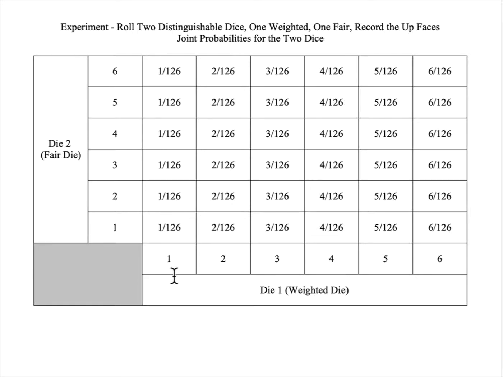And so you can see here, again, the columns correspond to the outcome of the weighted die. The rows correspond to the outcome of the fair die. And then you can see the individual probabilities for these cells. We've got 36 possible outcomes in the sample space of the underlying experiment, and the probabilities of these individual outcomes, or these elementary outcomes, are given by the values in this table.